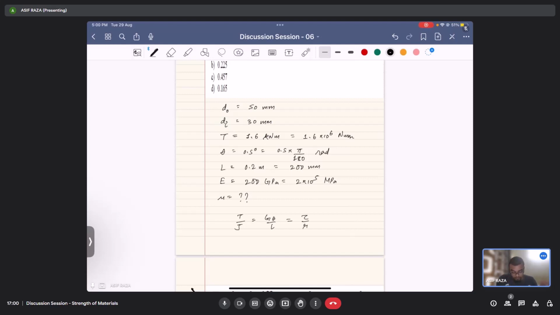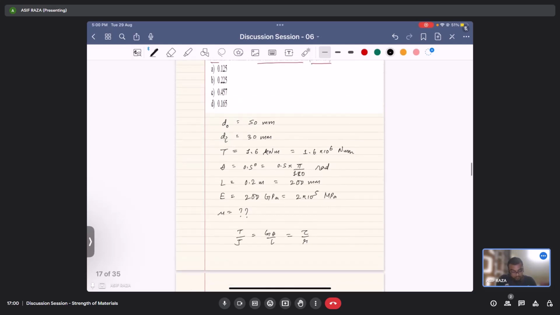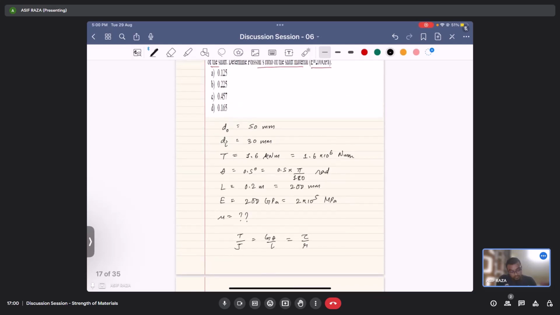So, what do you think? Which of the expressions would be used to calculate this? We can see we are given the twist. We can find polar moment of inertia. We are not directly given the shear modulus, but we can find it using the Young's modulus and Poisson's ratio, and twist and length are provided.